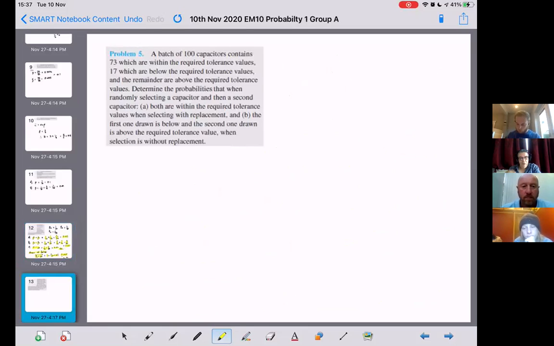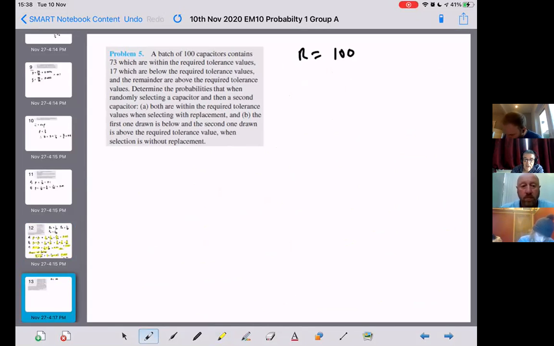So one more example. This is one that looks at this with replacement, without replacement. A batch of 100 capacitors. Let's just make a note of what we read as we go along. In the sample, there's 100.